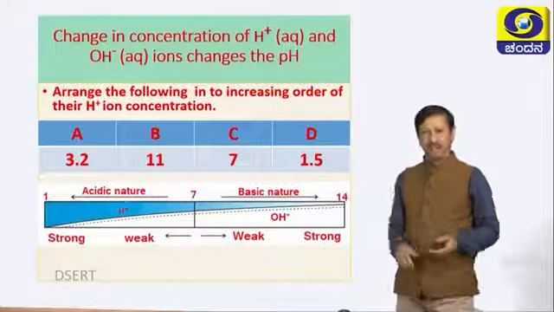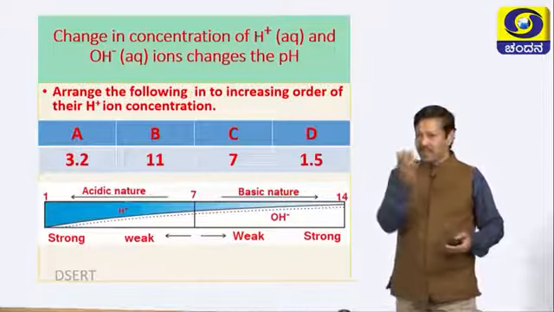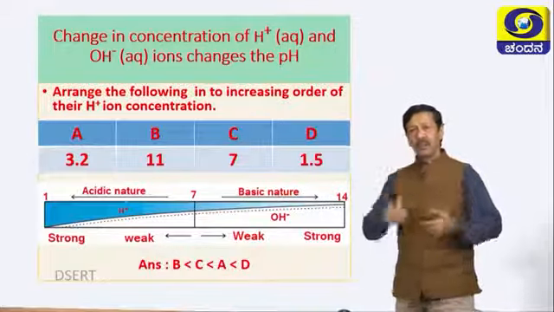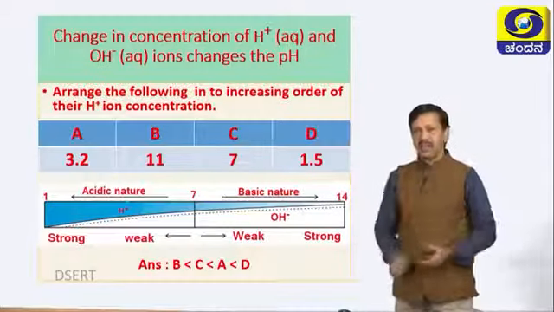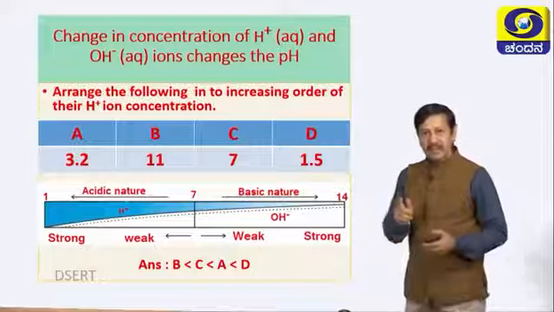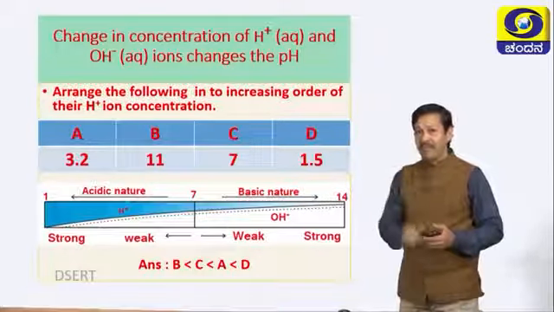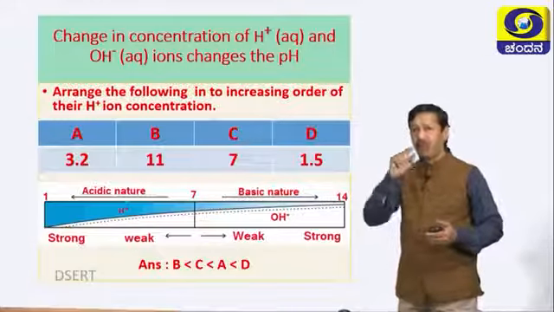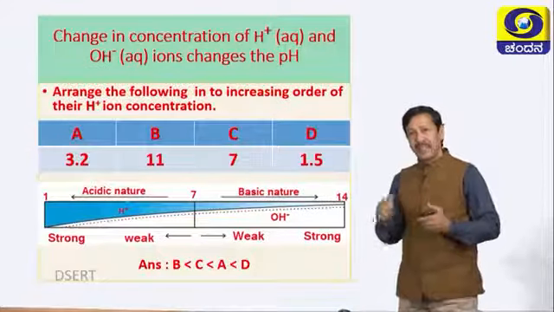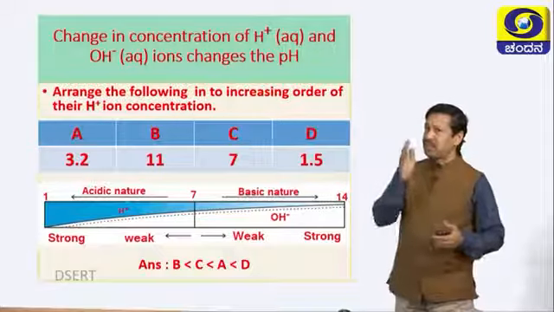So, what is the answer? Let us see. Yes, probably most of you tried very well, very good. Now, what is the value of B? 11. H plus ions are very, very less among the 4, that is the B solution. Next comes 7, which is neutral.